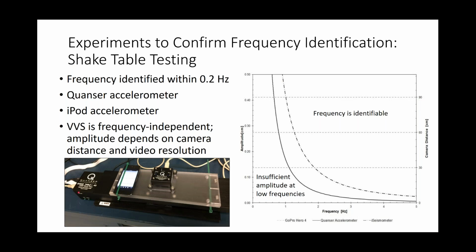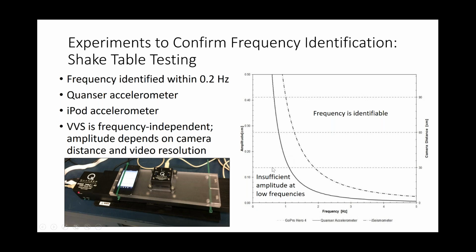Some of my graduate students have been doing work to confirm the frequencies that we identify with iPods. So we've got a conventional accelerometer with this Quanser shake table. And you can see here that the Quanser shake table accelerometer has a limit on identifiable frequencies.